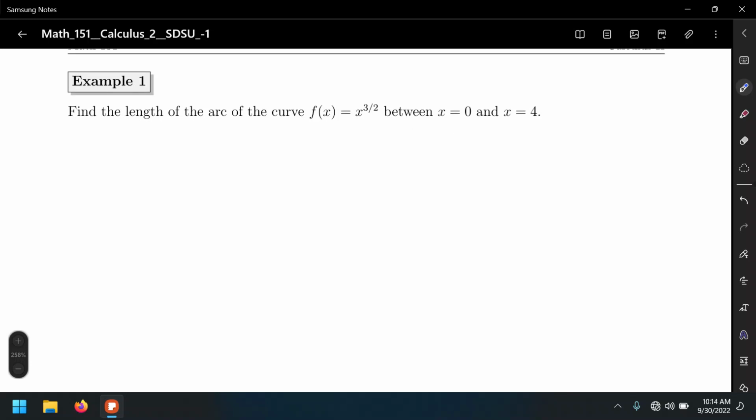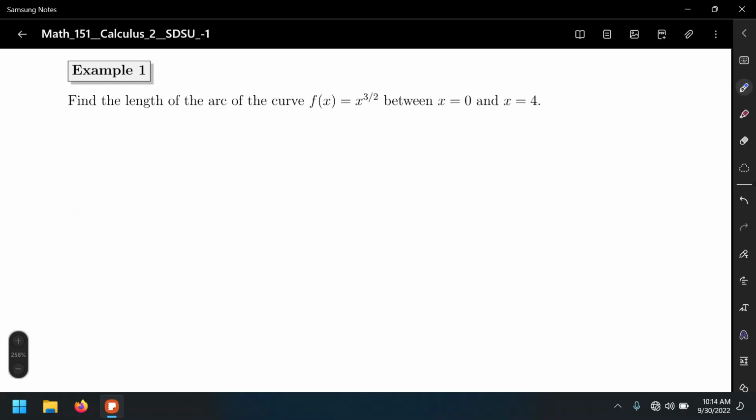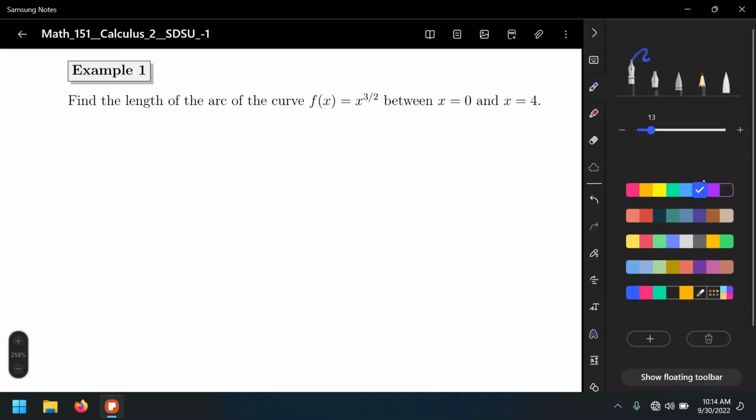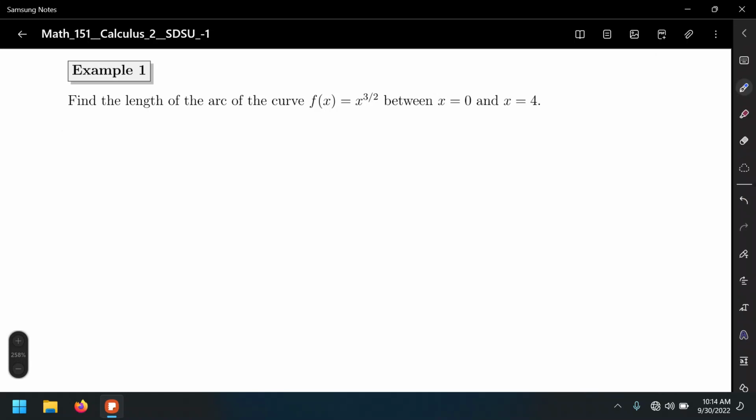All right, so let's see. Number one, L, which is the arc length, is the integral from a to b of the square root of 1 plus f prime squared with respect to x. What do we need to do in this case?